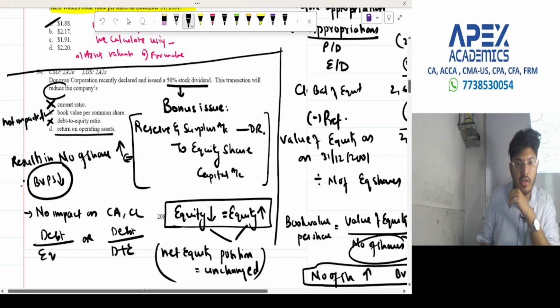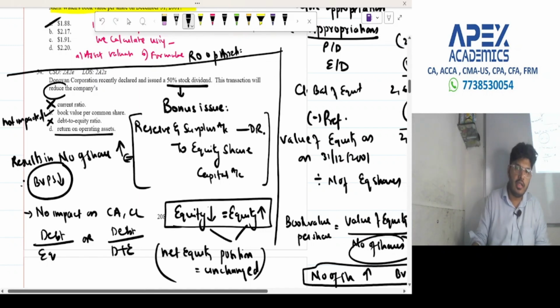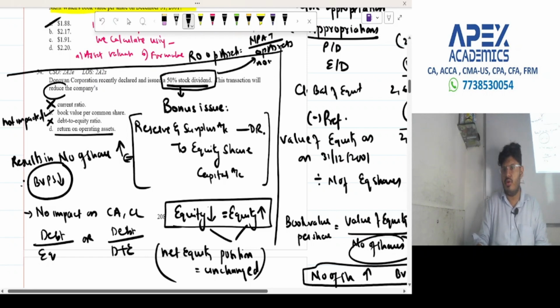Next, they are talking about return on operating assets. What are return on operating assets? Return on operating assets is equal to net profit after tax upon operating assets. Giving this particular dividend is not impacting anything. There is no impact over here.